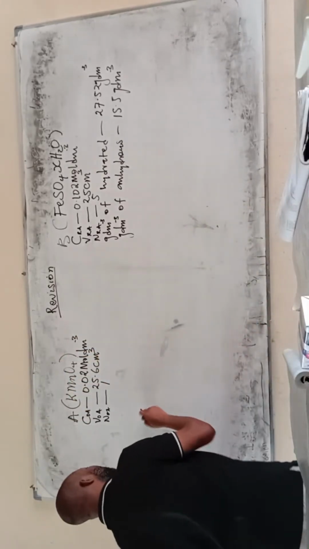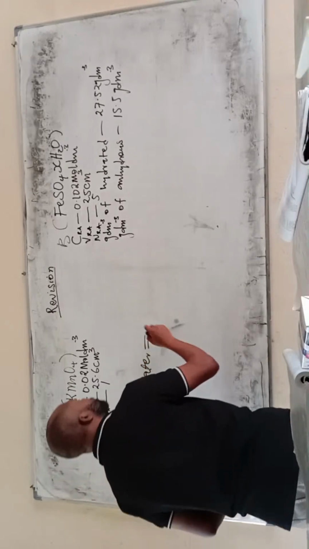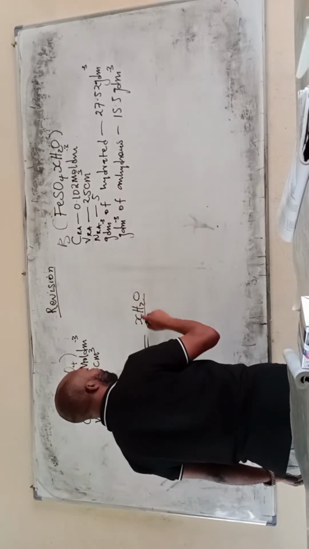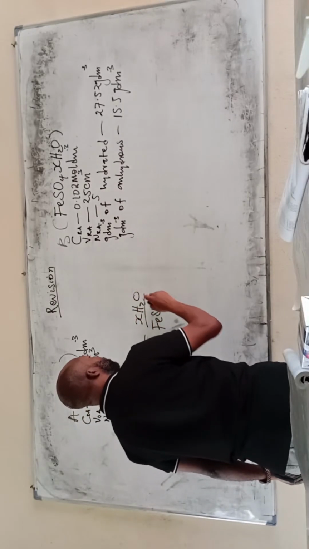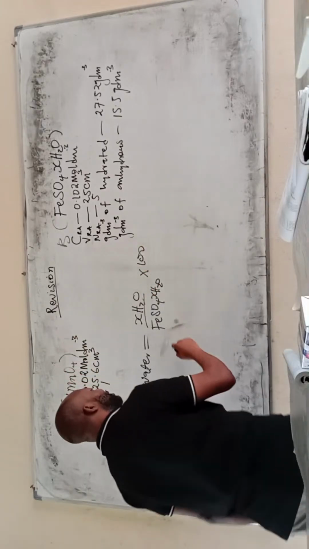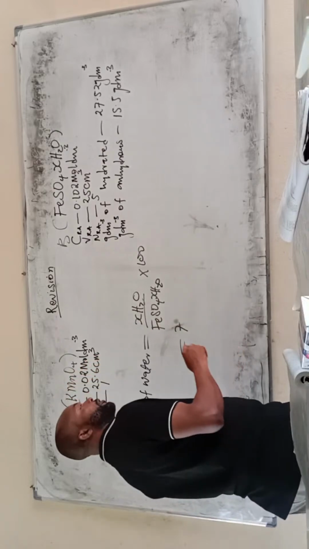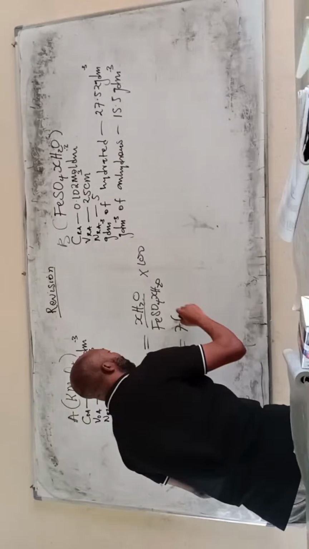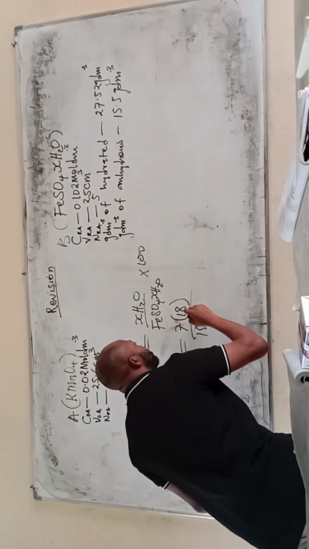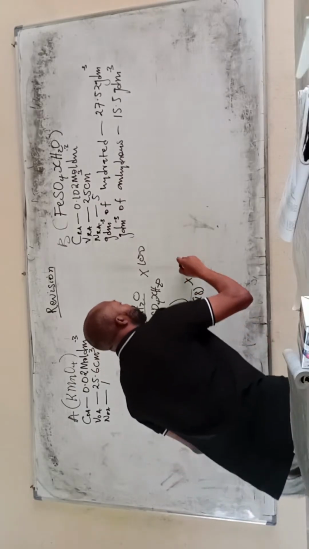Percentage of water of crystallization is equal to the mass of water, which is x water, over FeSO4·x water, times 100. And this x is 7, or 6.5: 7 times 18 over 152 plus 7 times 18, times 100.